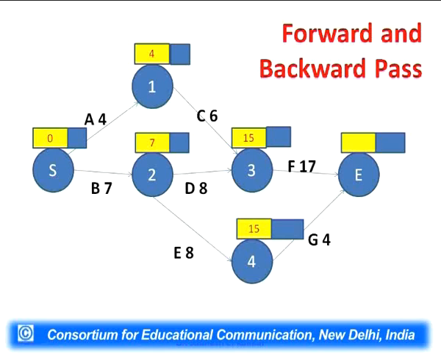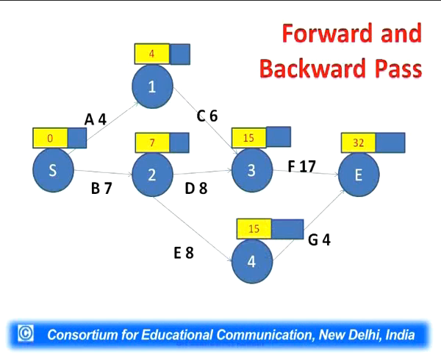So for reaching the end, we can come via F and via G also. If we come via F, 15 plus 17, 32 days will be taken. If we come via G, 15 plus 4, 19 days will be taken. So we have to write the higher value. 32 is higher of the two, we'll write 32. So 32 has been mentioned. And the yellow cells are called early start timings.